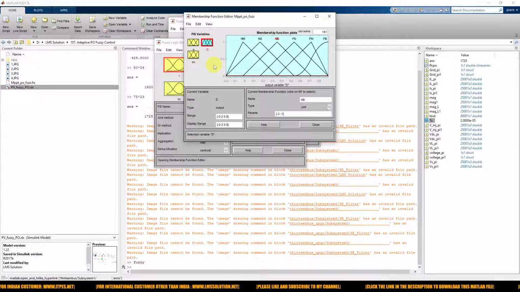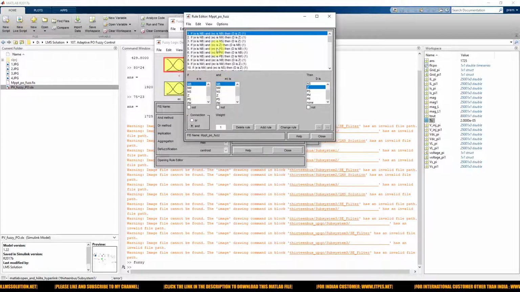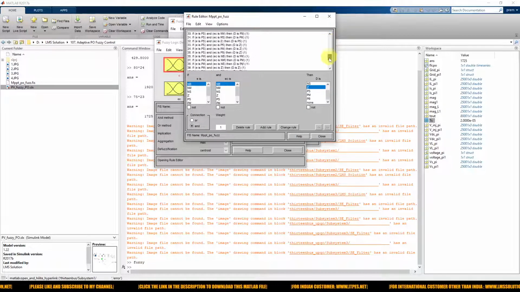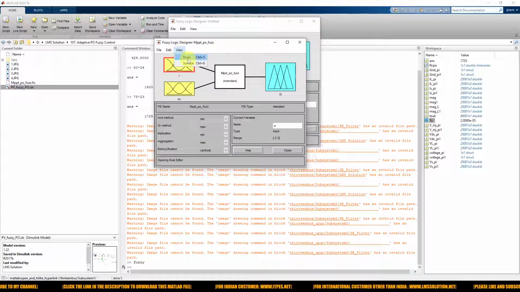And then we consider the duty cycle output, that means the output membership function. Here we have created around 49 rules, and you can also see the fuzzy rules in the rule view.